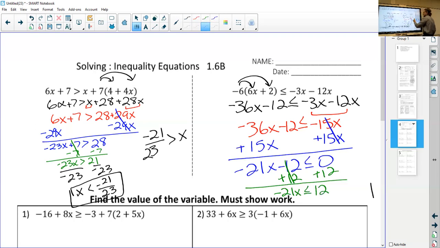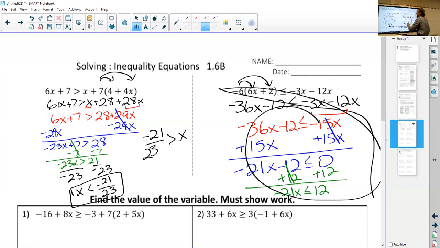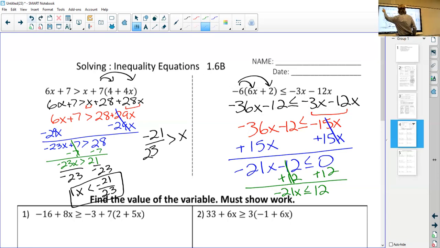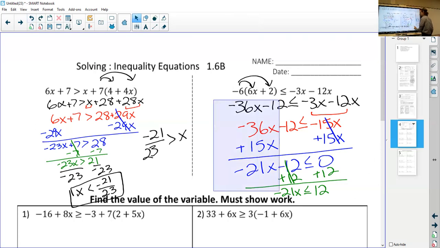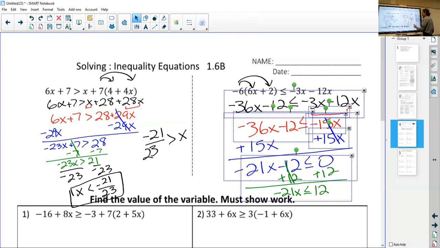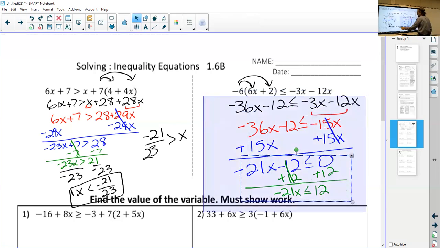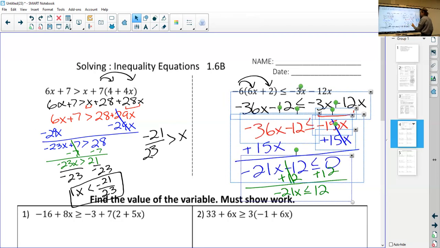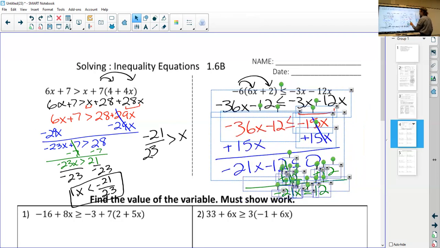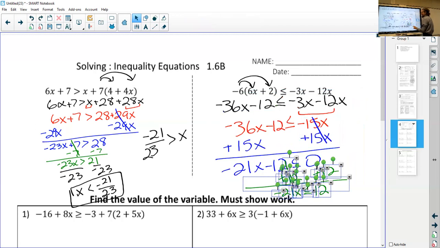Ran out of room again. Oh my goodness. It's like my first day every day. Uncooperative. No, why are you doing this? That's killing me.